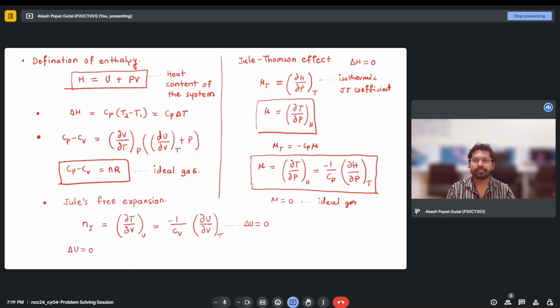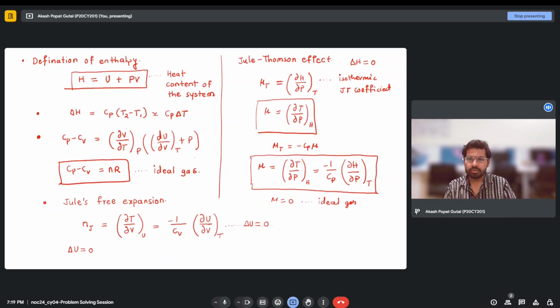Then we moved towards the definition of enthalpy. Enthalpy is nothing but the heat content of the system, which is the summation of internal energy plus PV of a given system. And delta H we defined as Cp dT. Here we introduced Cp, which is nothing but the specific heat of a given system at constant pressure.